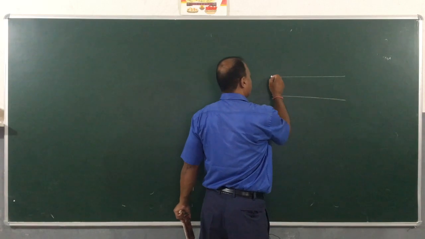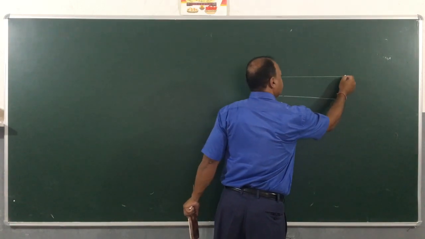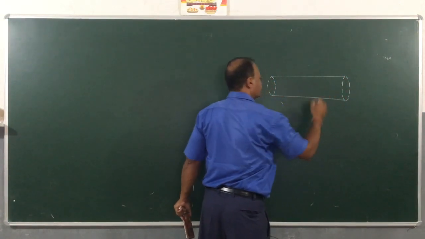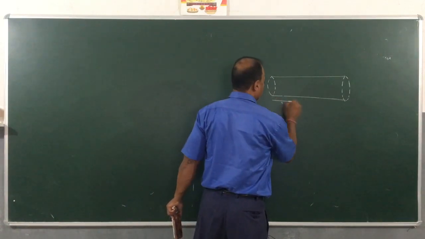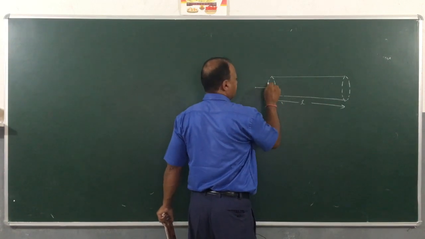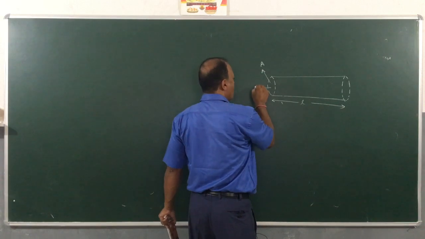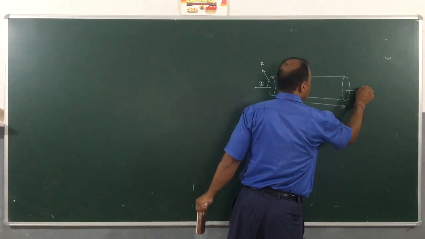We will consider we have a conductor out here. Length of the conductor is L and cross section area is A. Now suppose this end is positive and this end is negative.